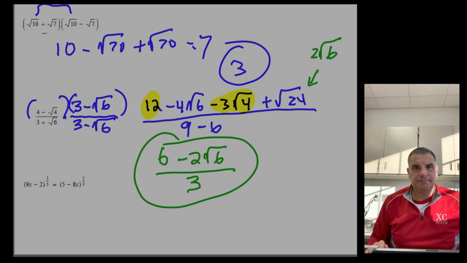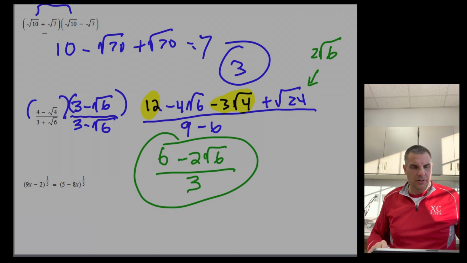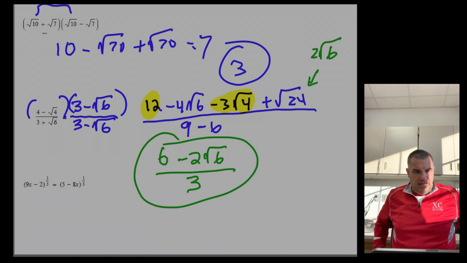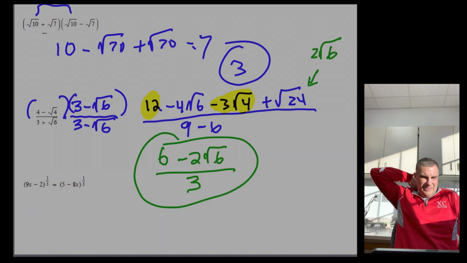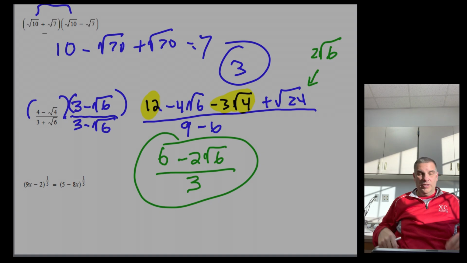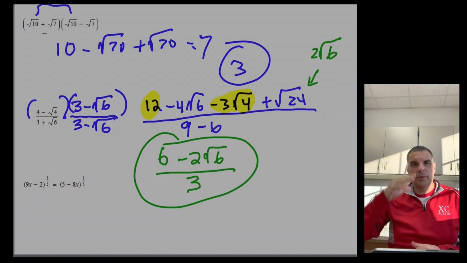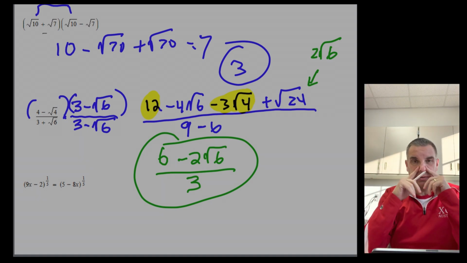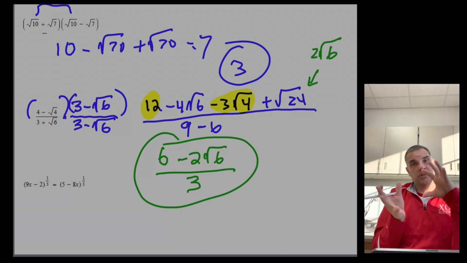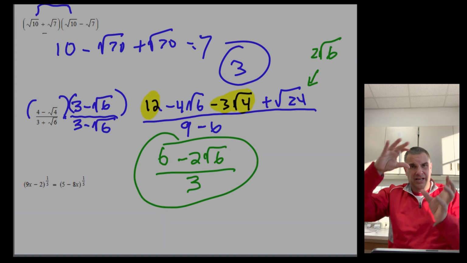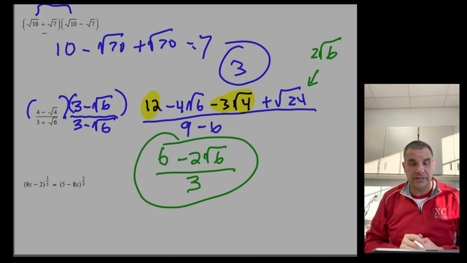All right, last one. 9x minus 2 to the 1/5 equals 5 minus 8x to the 1/5. So they're both to the 1/5. Remember when we did these, we need to get rid of that radical, and the way we got rid of that exponent is we took each side to the power of the reciprocal.